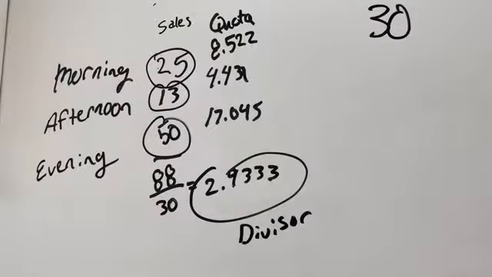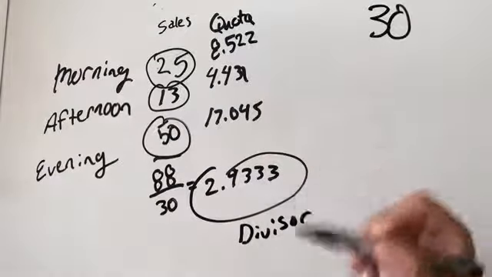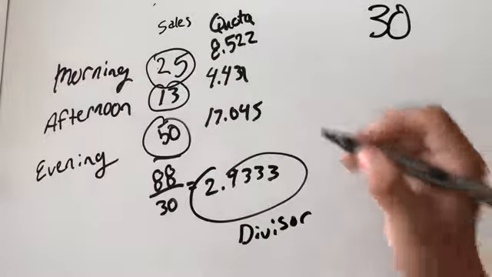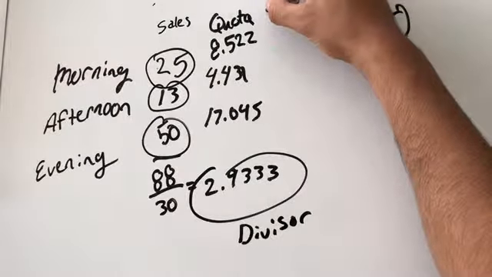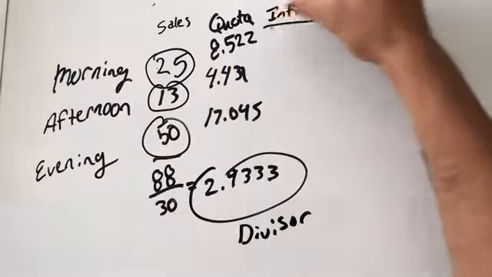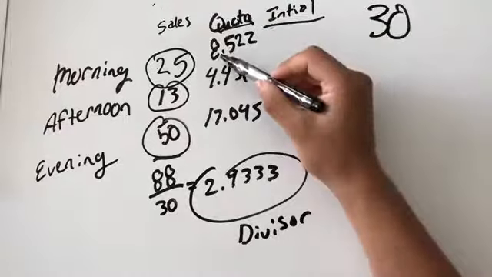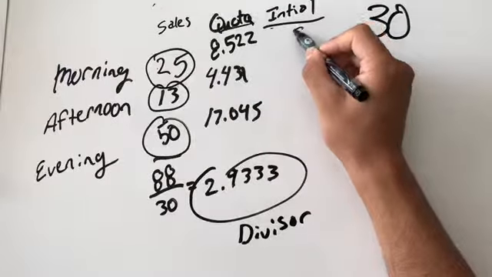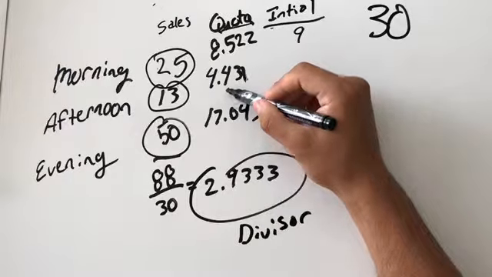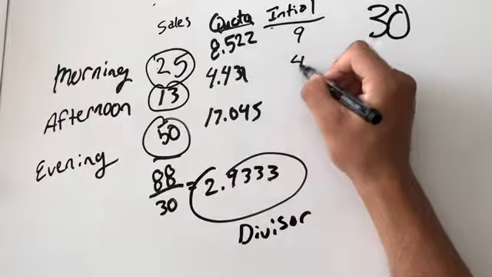Now with Webster's method, we round to the nearest whole number, and we would get our initial quota, which is what we want. So 8.5, that's going to round up to 9. 4.3 is lower than 5, so we're just going to keep it as 4.